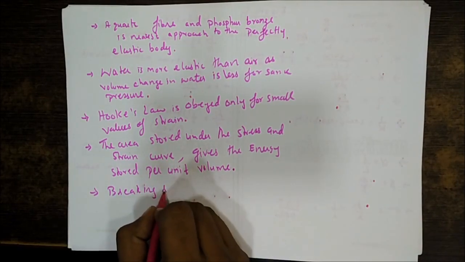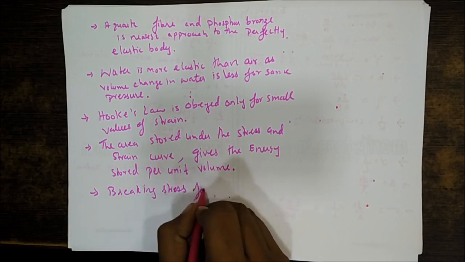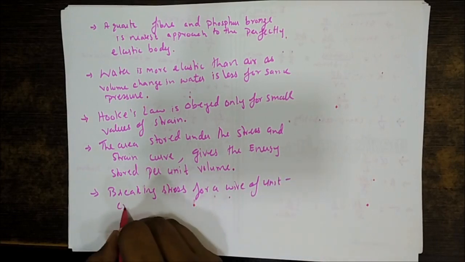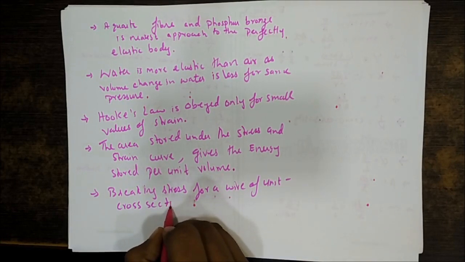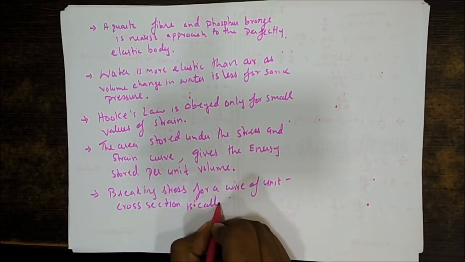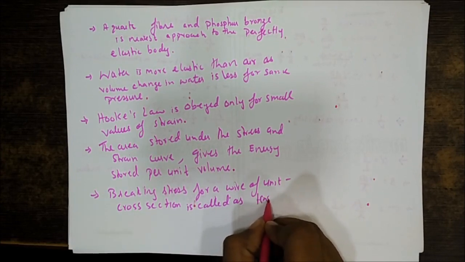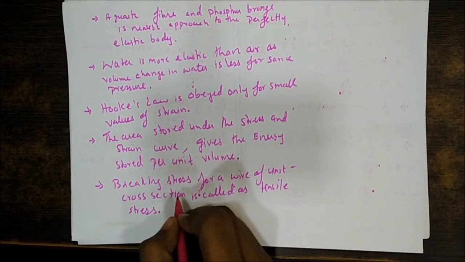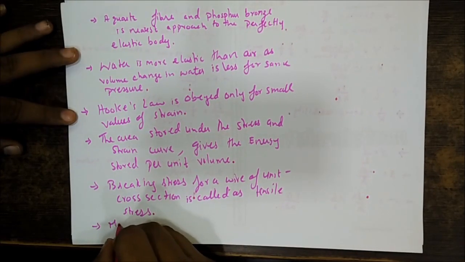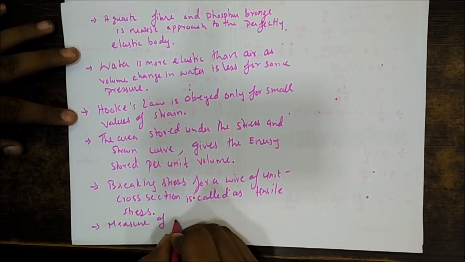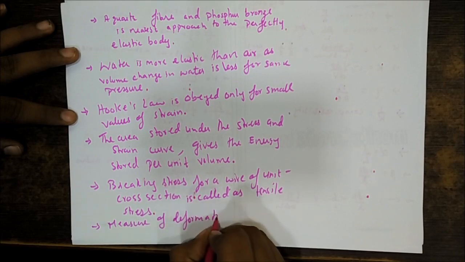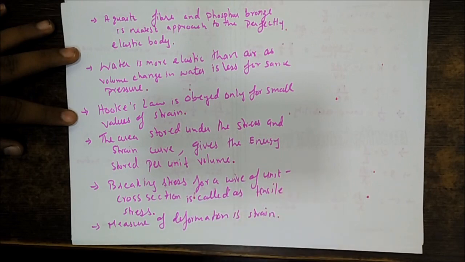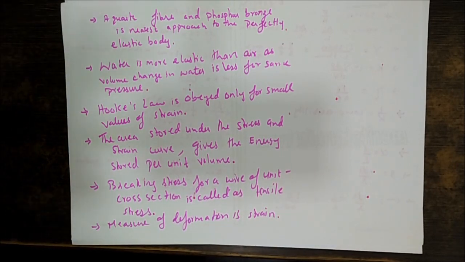Breaking stress for a wire of unit cross section is called tensile stress. Last, the measure of deformation is strain. So that's all with elasticity. We'll go to the next chapter now.